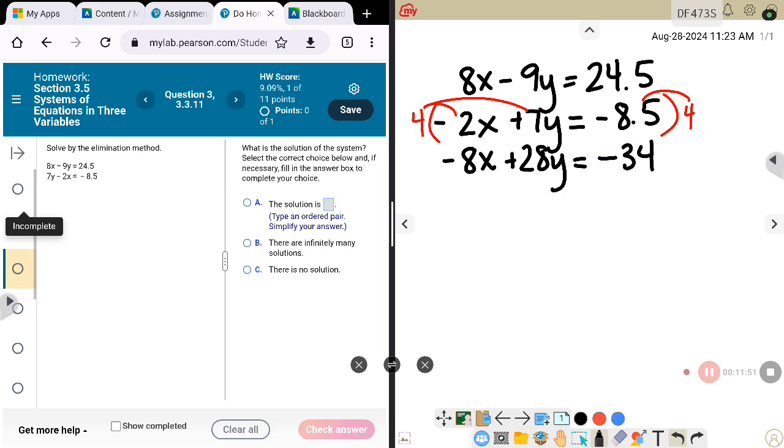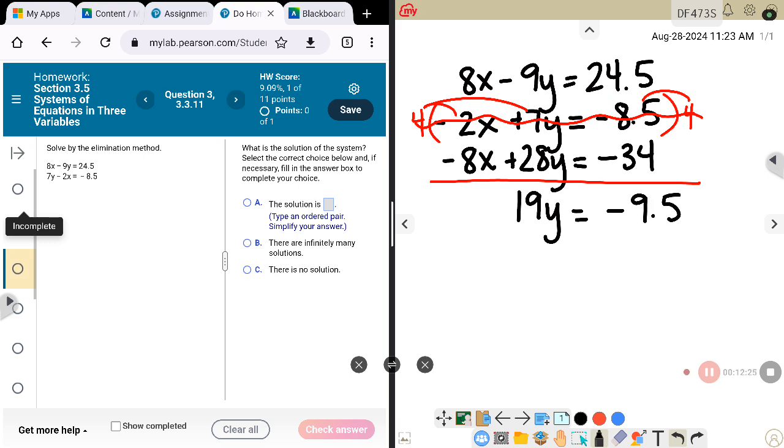So now I can kind of forget about this middle equation and add the top equation to the bottom equation, because here I have 8x minus 8x, so my x's will eliminate. Then I've got negative 9 plus 28, which gives me 19y equals, I've got 24.5 minus 34, which gives me negative 9.5.